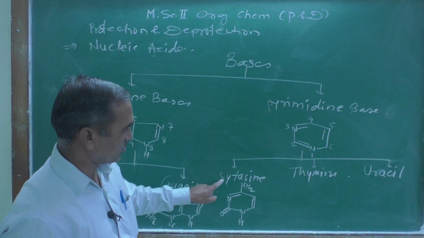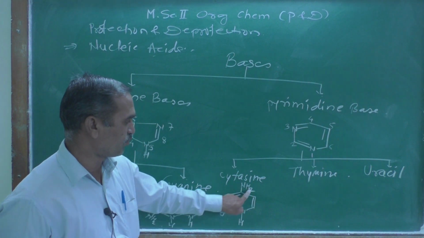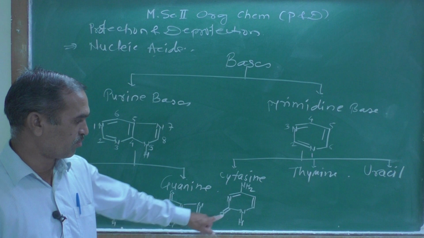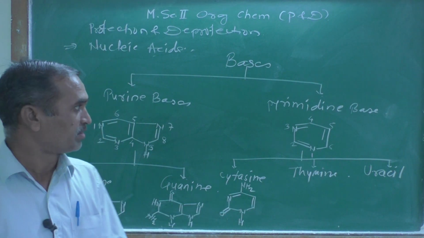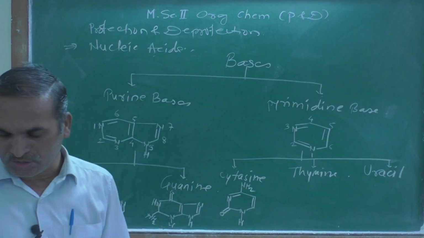So this is the structure of cytosine. Here at 1-3 position there are 2 functional groups, one is an amino group and one is a carbonyl group, present at 4 and 2 position.